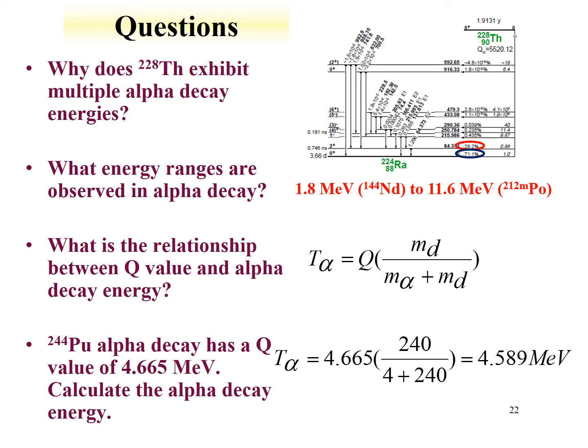And if you looked in the chart of the nuclides, you would see that that is one of the alpha decay energies for plutonium-244. You would also see that there are other values that are available. Again, that has to do with decaying to excited states. So even this value is the maximum alpha decay energy that can be obtained from a given Q value.